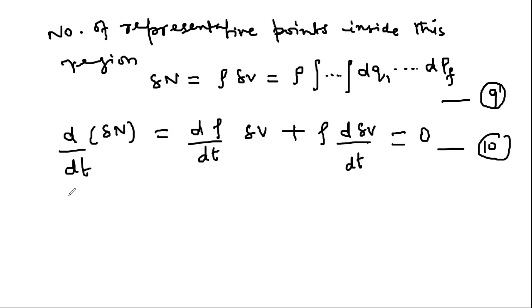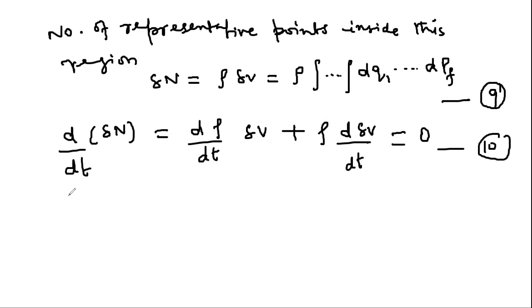Why can it not cross? You need to think about that at home. Why can no point enter the region or leave the region by crossing the boundary? That's your home assignment. So the point is that delta n is conserved in time, so its derivative with time is 0.